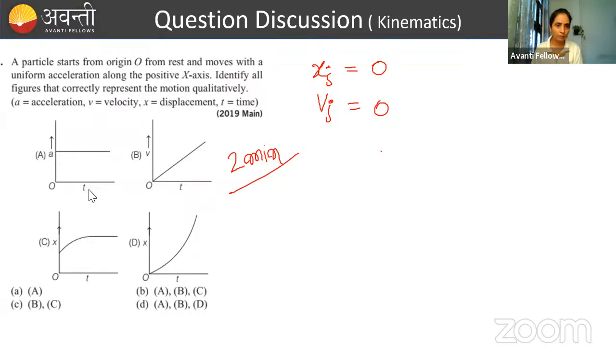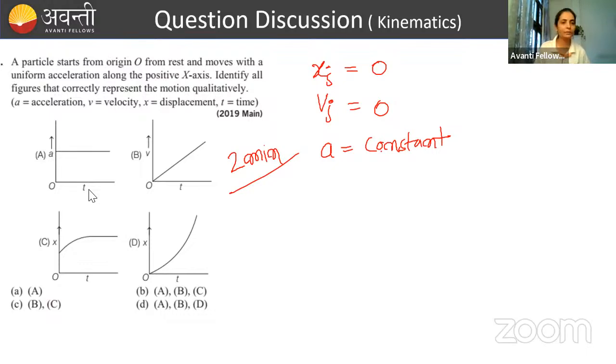Okay. Bhavnagar, it seems like true. For Kolhapur, I feel there is some problem. Okay, let's see now. So initial velocity is 0. It is moving with uniform acceleration. So a is constant. A is what? Constant, right?